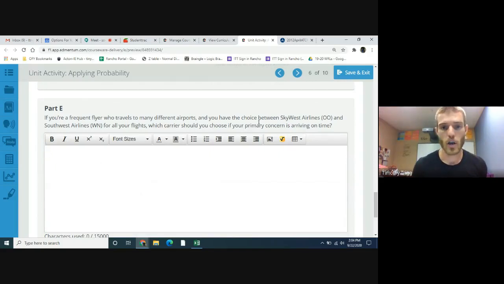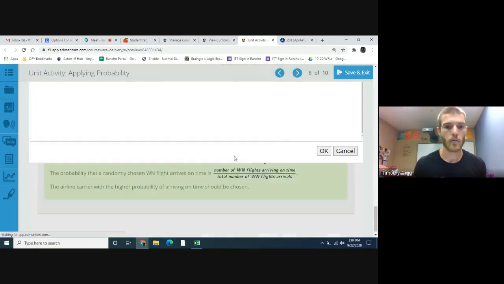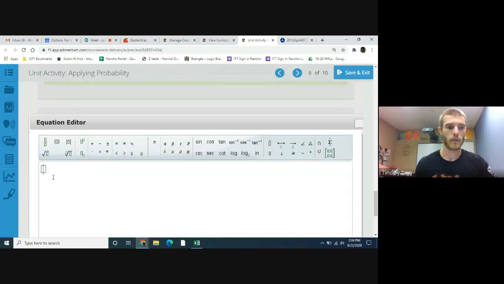Firstly, we would need to know the probability that a SkyWest Airlines flight arrives on time, and the probability that a Southwest Airlines flight arrives on time. For SkyWest, the total number of SkyWest flights would be the denominator.